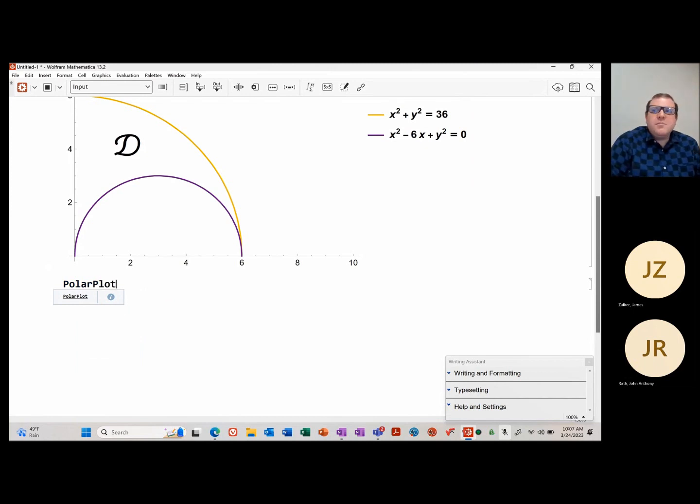And use the polar plot command. This allows us to plot functions of the form r equals f of theta. Well, we have two of them, right?